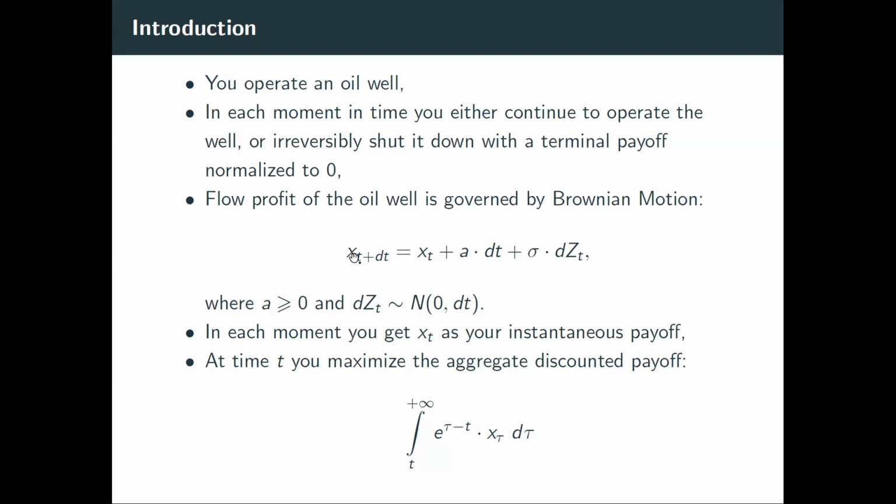That is, your profit in the next instant, remember that in continuous time we divide time into small increments of length dt, is almost the same as it was before, but plus some marginal changes. The first marginal change represents the drift, or trend, you can call it whatever you want.